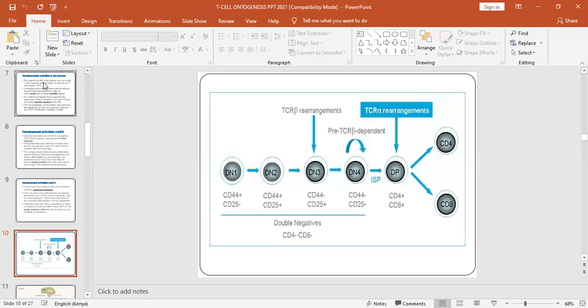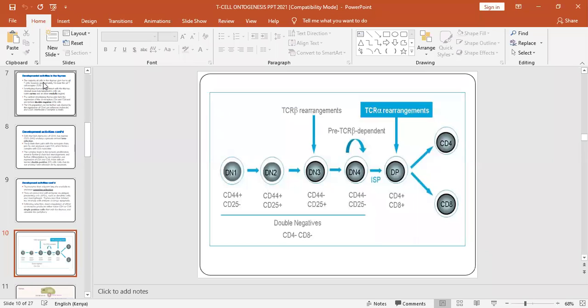And you can see the adhesive factor CD44 positive, and that is the double negative 1, but it is negative for the interleukin receptor, and that is CD25. But when you look at the double negative 2, something has happened. It has retained the CD44, and now it has acquired the CD25, or interleukin receptor.